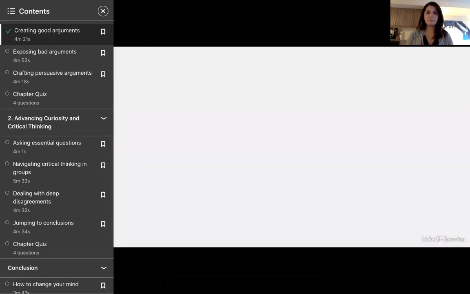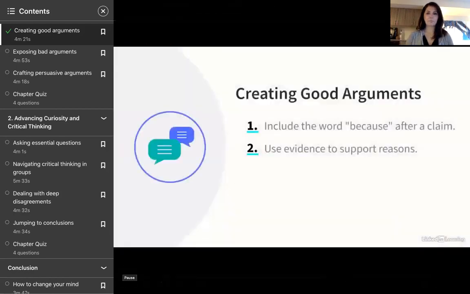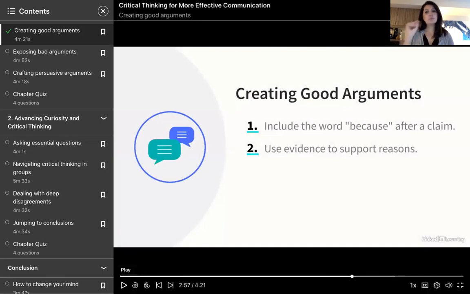Another fallacy. A good argument requires using good evidence to support reasons. So it's okay to use because, number one, you need to create good arguments. Imagine you go to a coffee shop to get a good cup of coffee. Your communication turns out to be an argument. So you need to support your own argument.